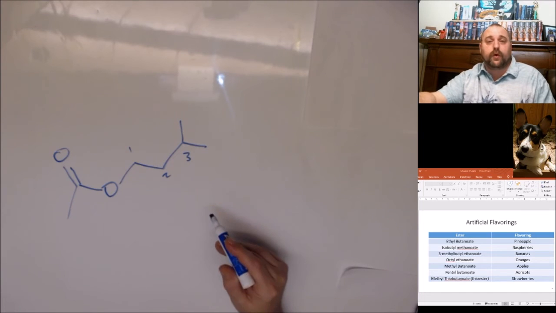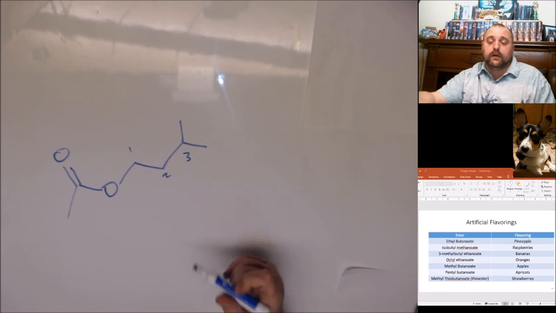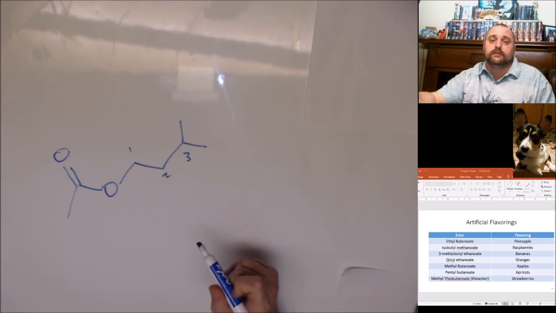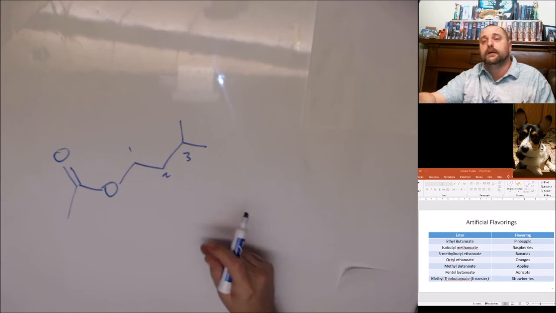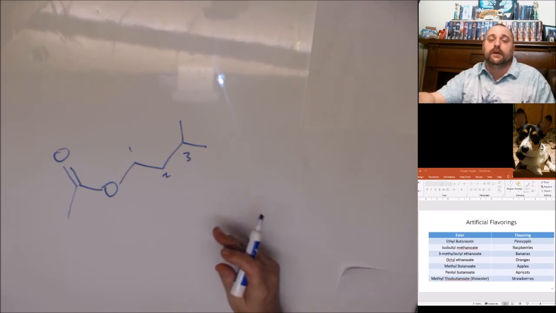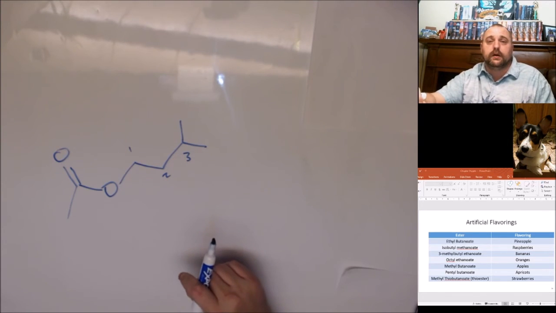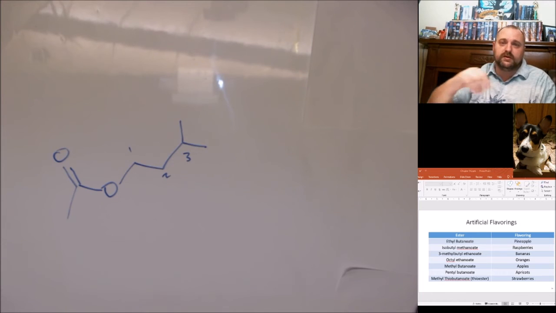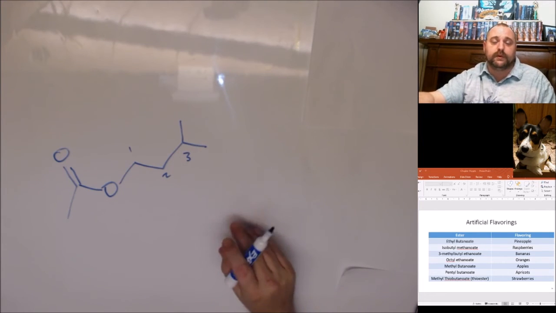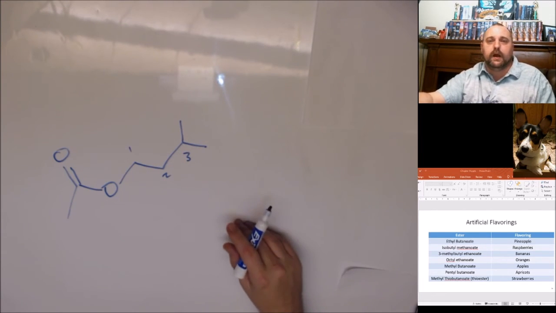Now, one of the problems with that is we associate that smell. A lot of people really like it, and so you might be tempted to say, oh, well, you've got a very low boiling point. Let's just rub a little bit on, and it'll make perfume, and you'll smell like bananas, and that'll be great.